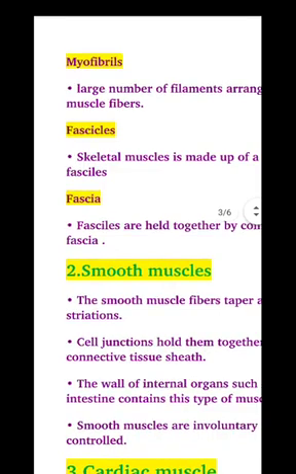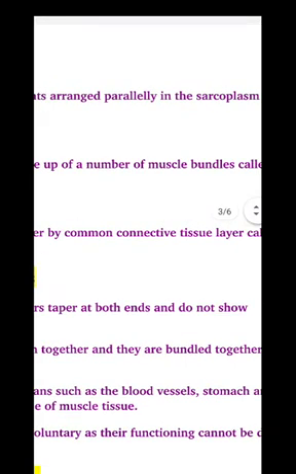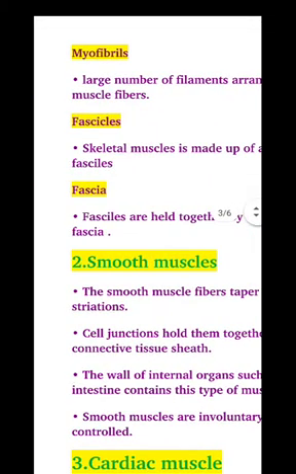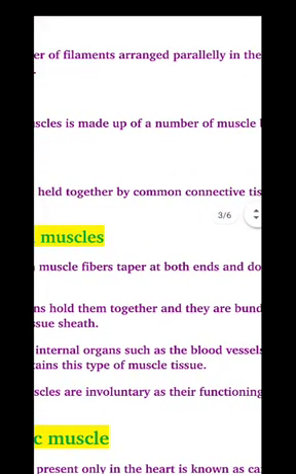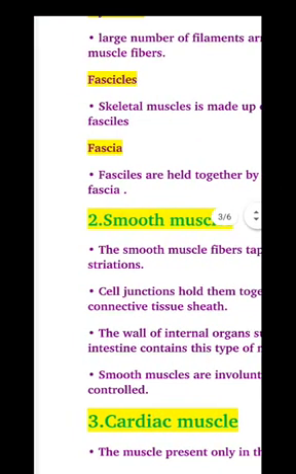We can see many bundles made up of parallelly arranged myofibrils. These are known as fascicles, and these fascicles are held together by a common connective tissue layer called fascia.